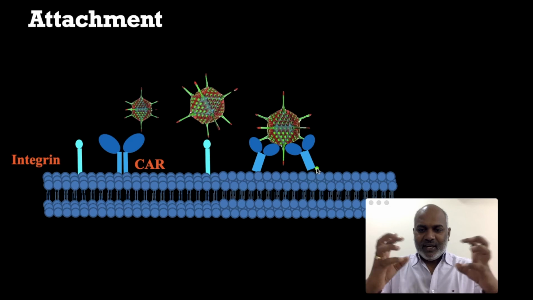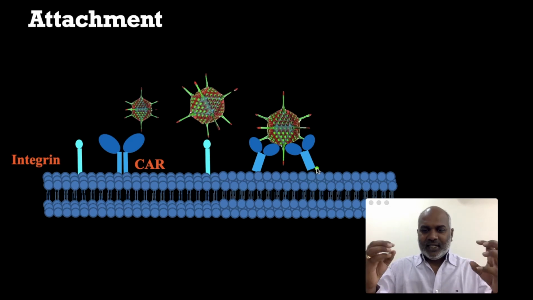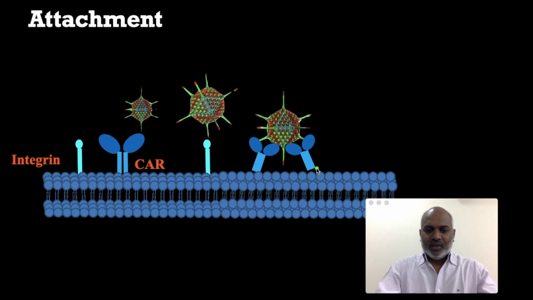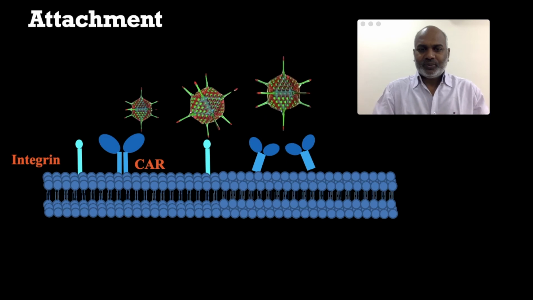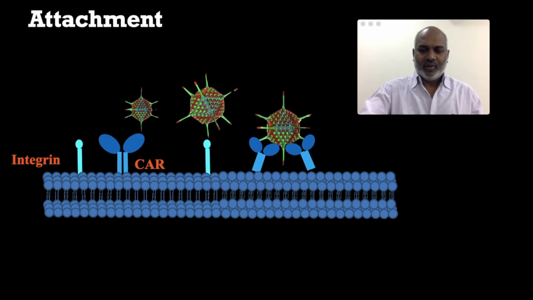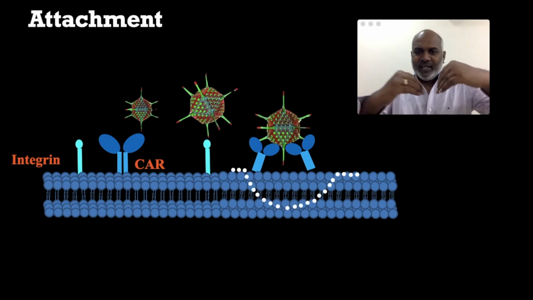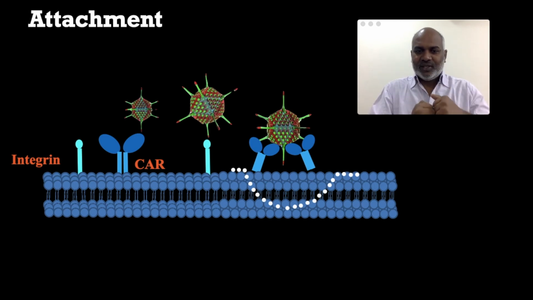Once it is bound to the CAR proteins, there will be internal signaling. Due to that, there is actin polymerization below the plasma membrane. Due to that, there is a polymerization of actin filaments.